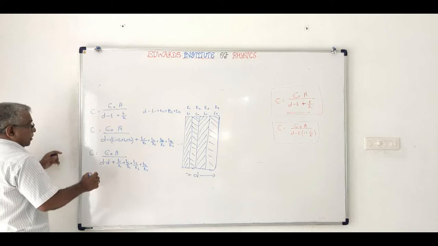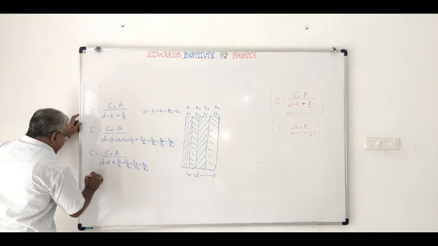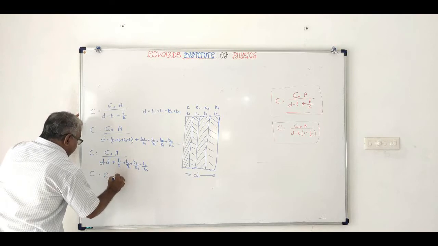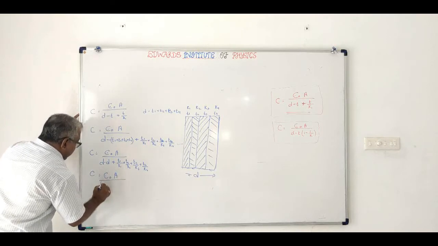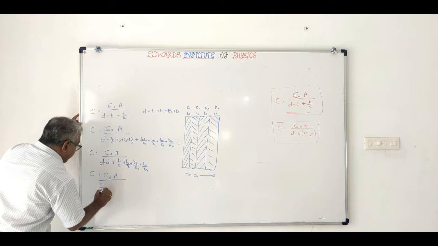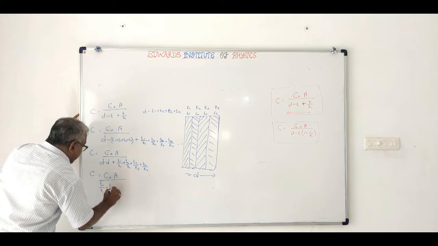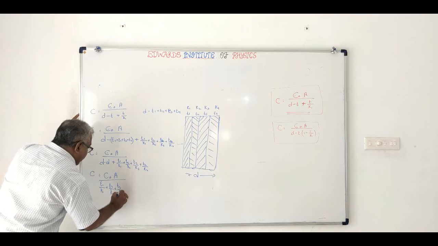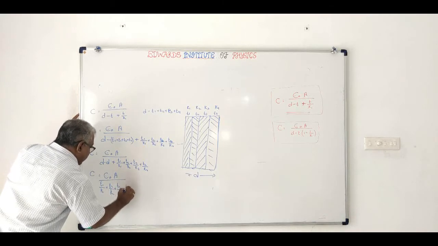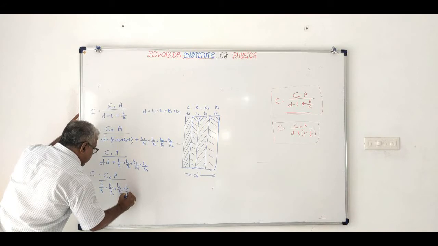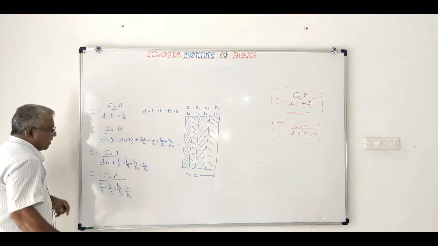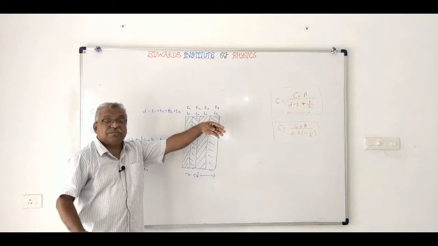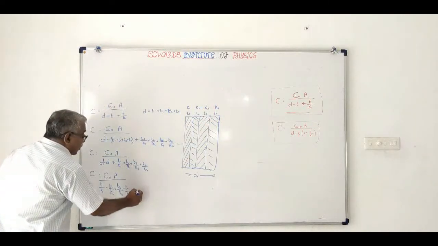So this will become 0. So C will be equal to epsilon 0 A by T1 by K1 plus T2 by K2 plus T3 by K3 plus T4 by K4. If there are n slabs, T1, T2, T3, T4 like that, then this will go on like this.